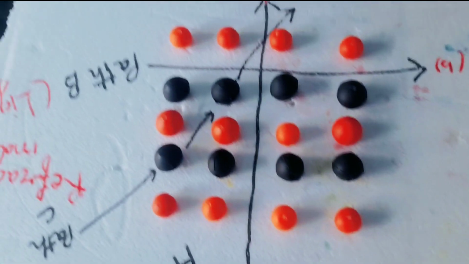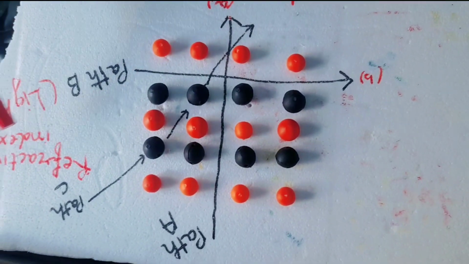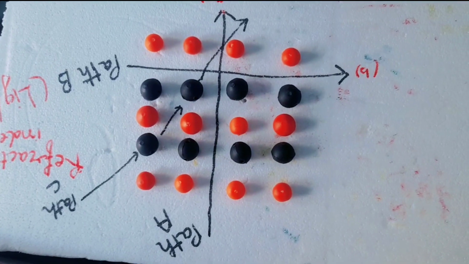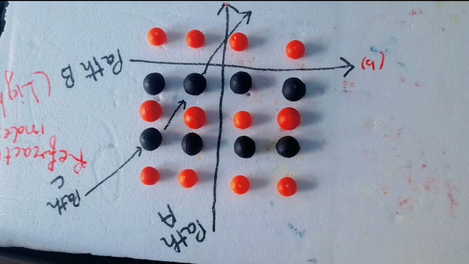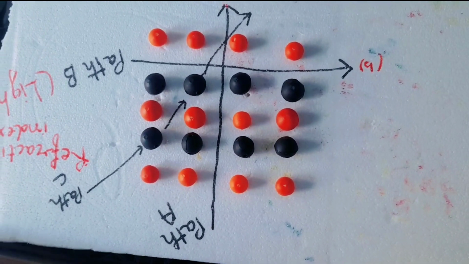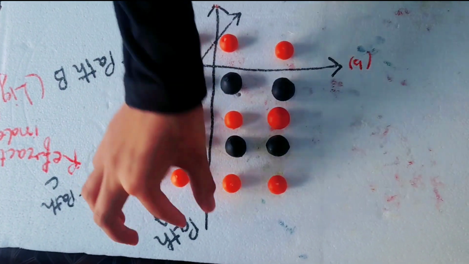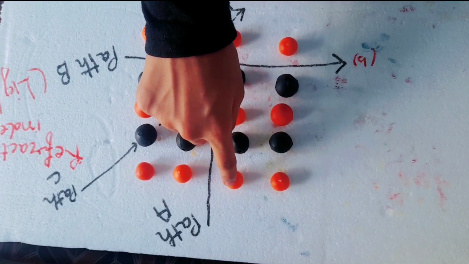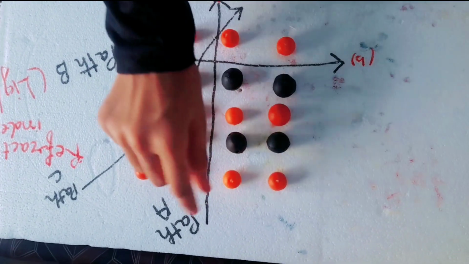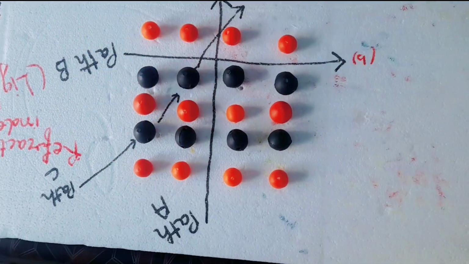As you see in this model, the refractive index is our third example of crystalline solids being anisotropic in nature. If light passes through path A, it passes through particles which in the first row are orange, black, and in the second row also orange, black.